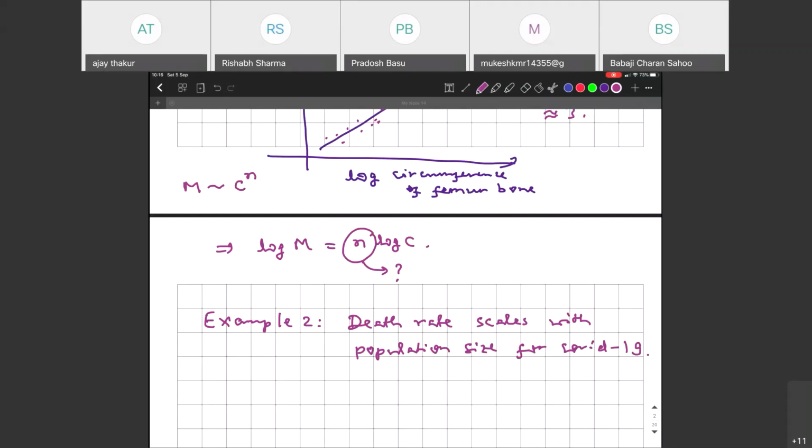Does the death rate have an exponential curve? Yeah. So the question is very precise. Suppose we have to try to estimate how death rate scales with population.